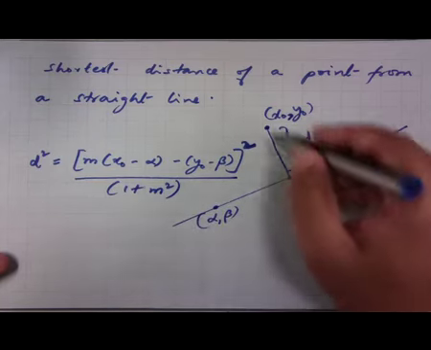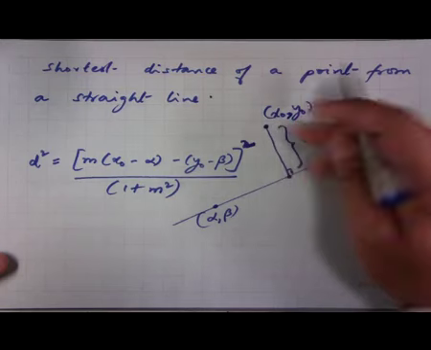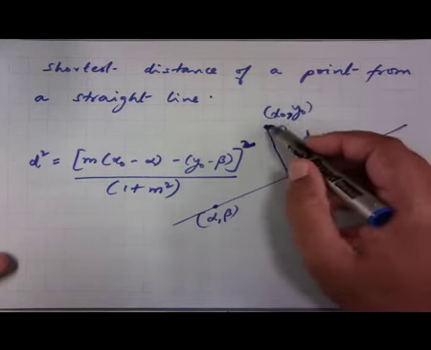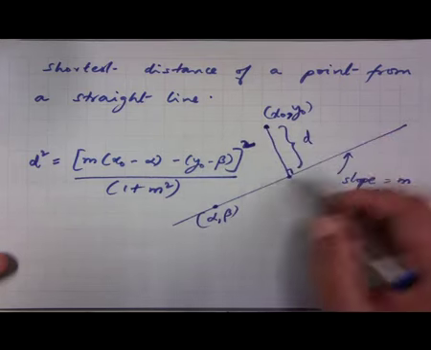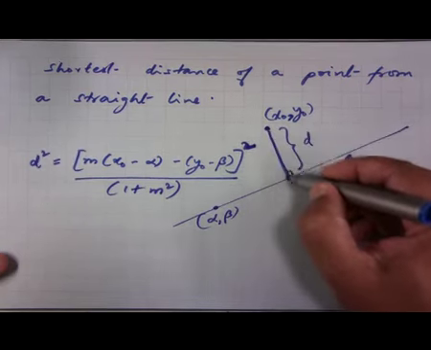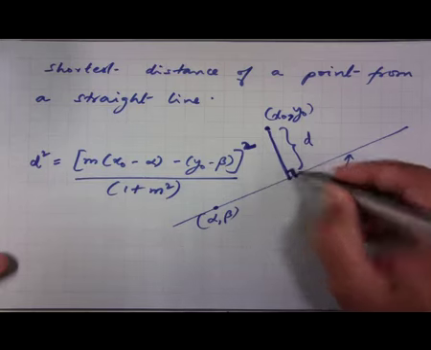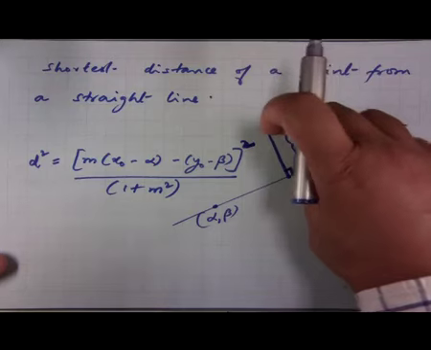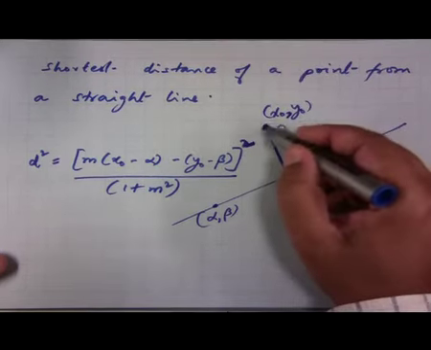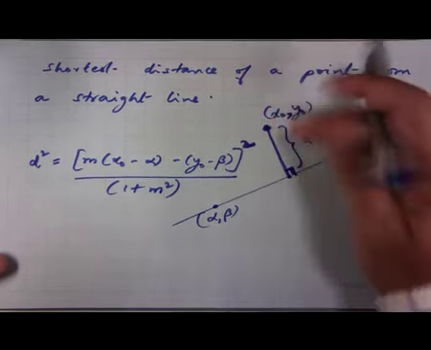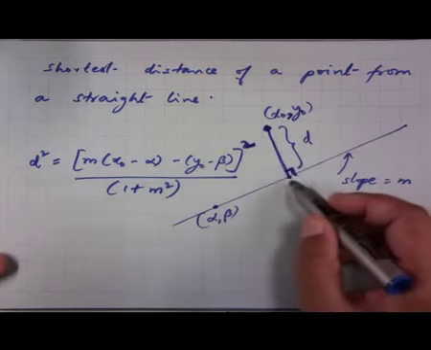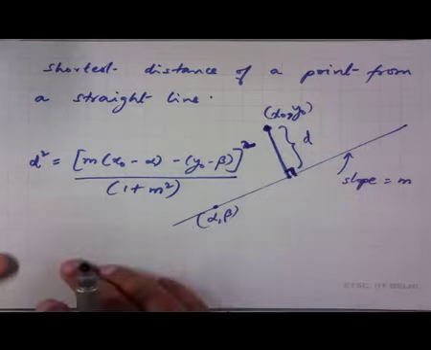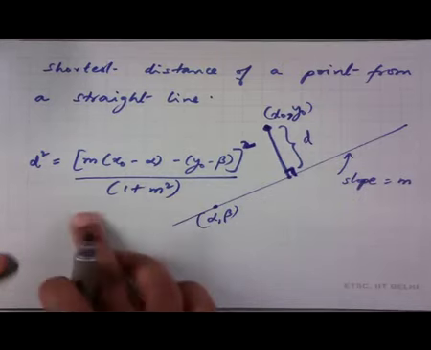Obviously, as we know from high school, the shortest distance is basically the perpendicular from this point onto this straight line, and the square distance of this line segment from this point to this straight line is given by this formula.